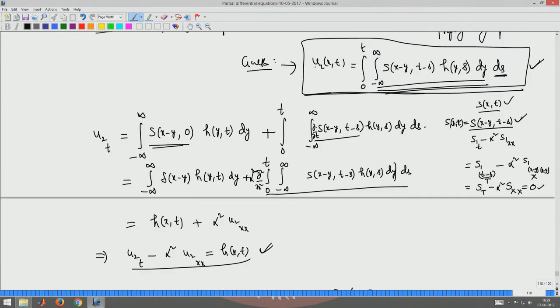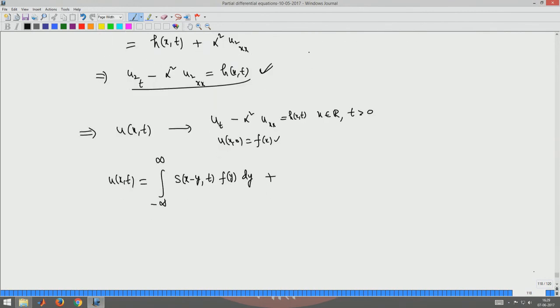So, u2 is this one, integral 0 to t, now integral minus infinity to infinity, S of x minus y, t minus s, acting on the non-homogeneous term h of y, s, dy first and then ds.